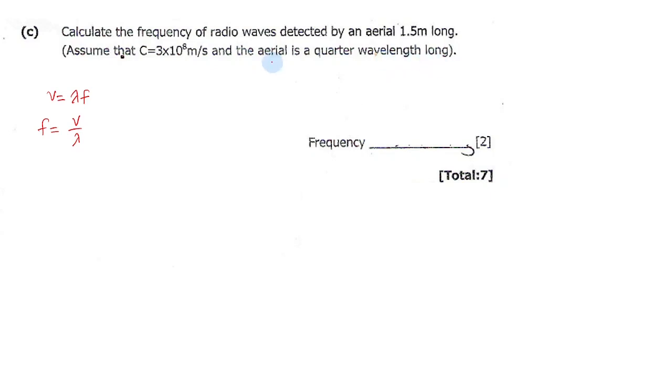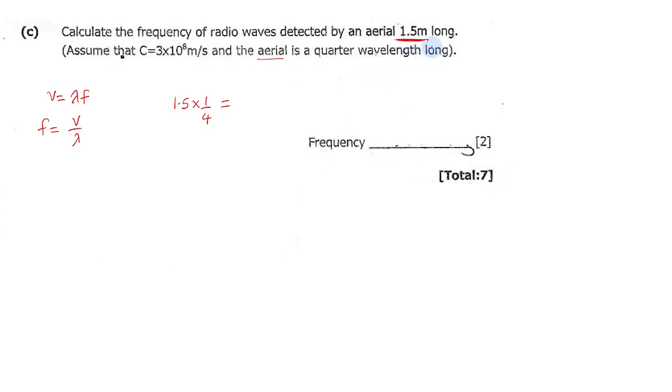So if it is a quarter, we multiply by a quarter to know the actual wavelength.